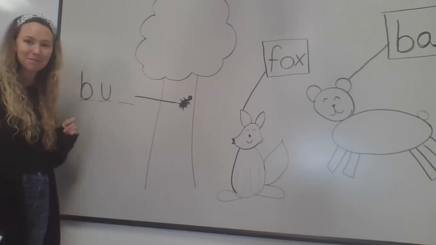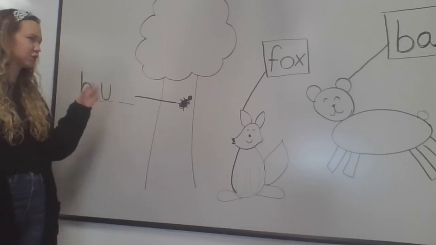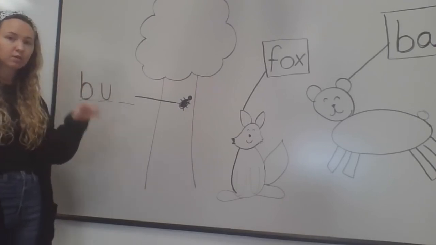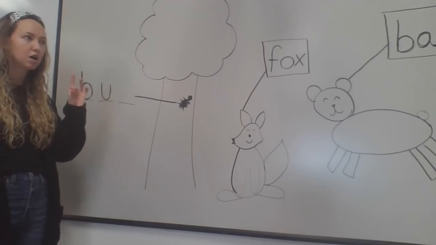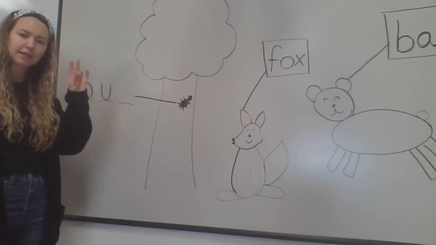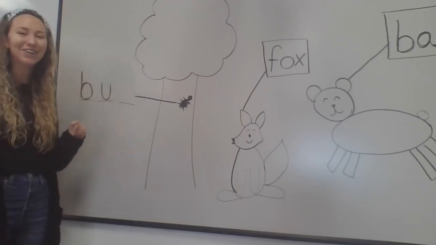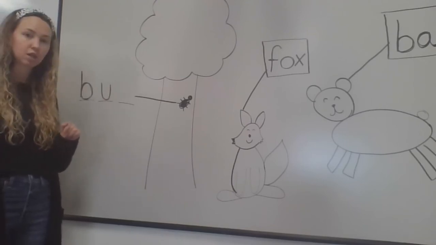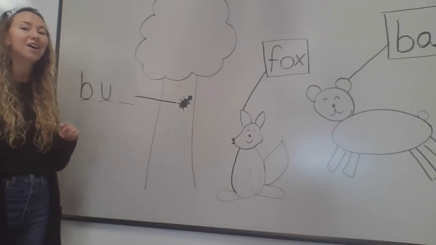Okay, good job. Now we need one more sound because we have b. So we need to find that last sound. We have b, what was that last sound? G. You're right. And so what letter should we write to show the sound G? Oh, you're right.